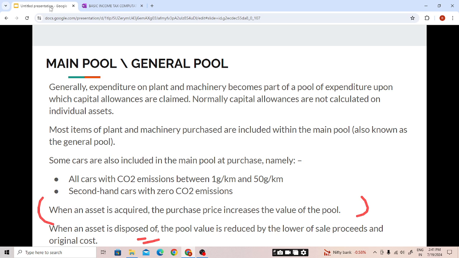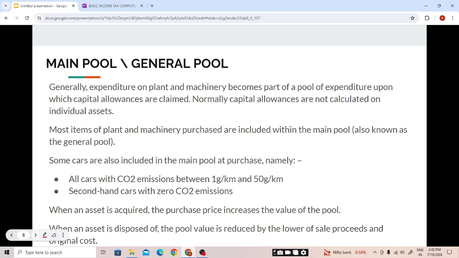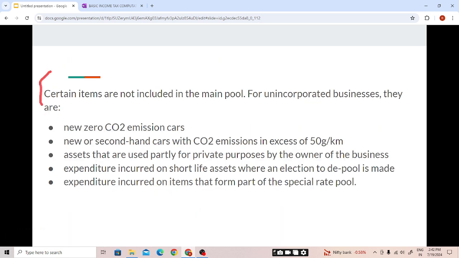Now we have seen the main pool items. Now we will be seeing how to calculate the capital allowance. As we have seen, three types of capital allowance are available: AIA, FIA and WDA. These are the allowances which we can claim on the asset qualifying expenditure. Certain items are not included in the main pool, as we have already seen: expenditure incurred on short life asset, and expenditure incurred on items that form part of the special rate pool.